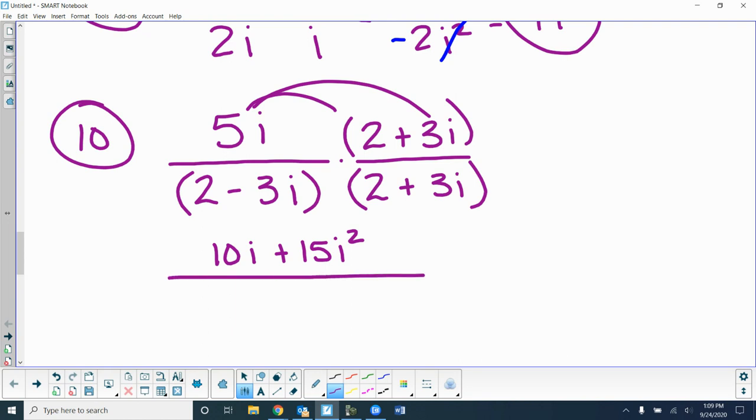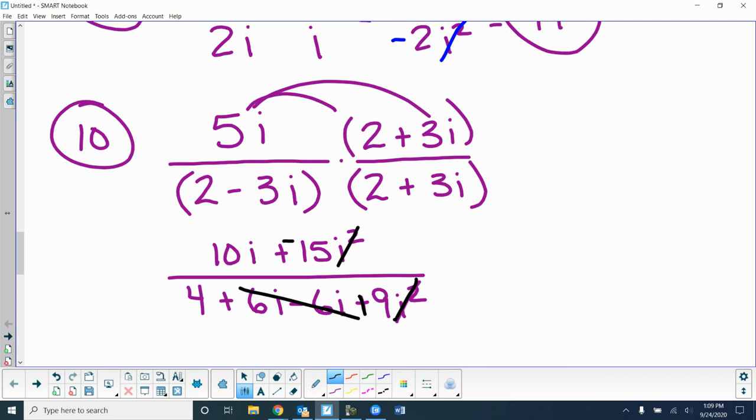On the bottom, I got 2 times 2 for first, 2 times 3i for outside, negative 3i times 2 for inside, and negative 3i times positive 3i for last. So it looks like that. I see a couple i squareds, so that negative 9 becomes positive, and that positive 15 becomes negative 15. The 6i's also cancel. That's always going to be true.